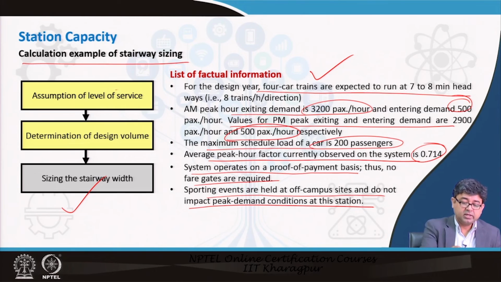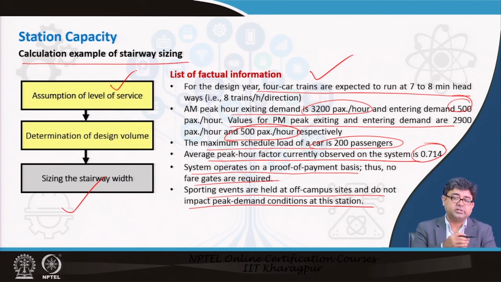In order to do that, you just start off assuming a certain level of service for which you want to design, and see if you are getting the same width as the standards tell you for that level of service. If not, then start adjusting your level of service, because remember the level of service has a range.